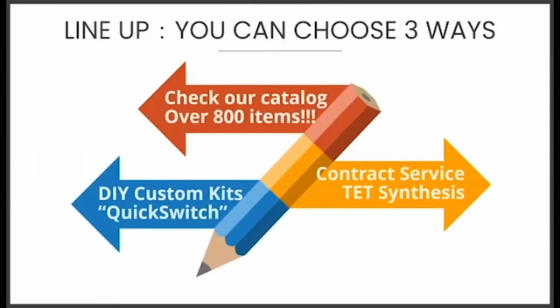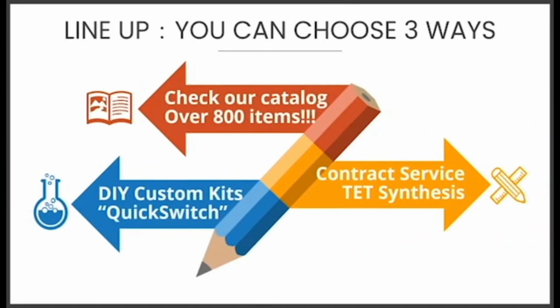We have a fairly large product range, but there are 3 main ways to obtain our MHC tetramers.